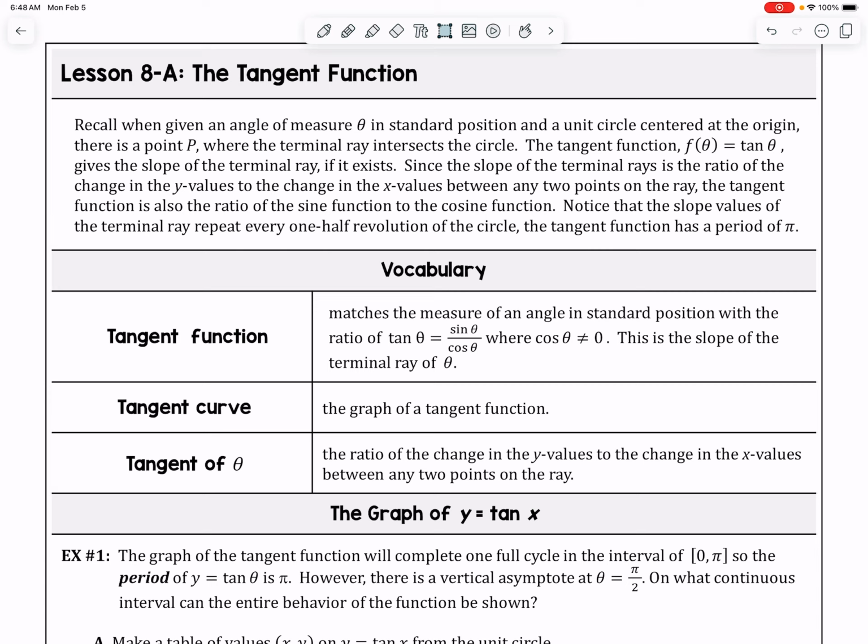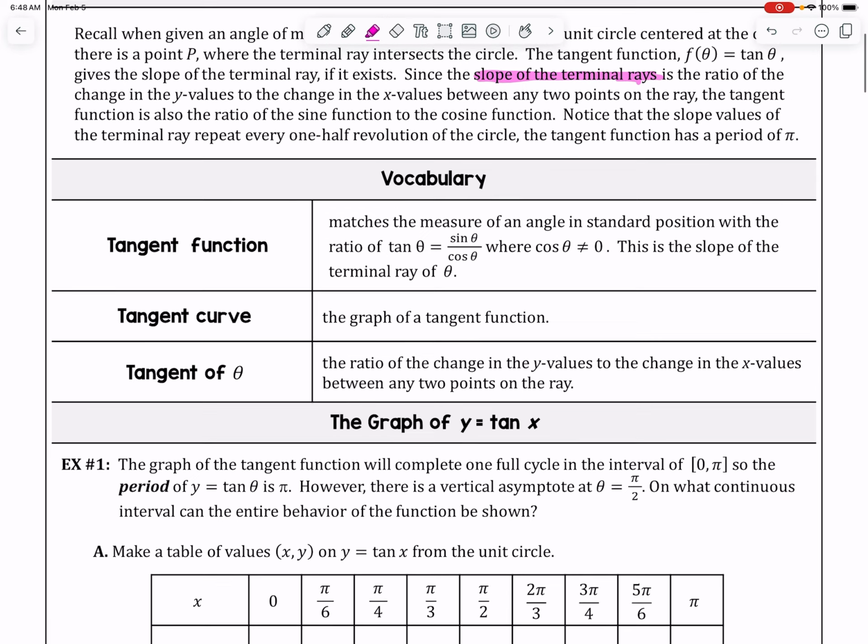Remember that we determined that the tangent is the slope of the terminal ray. Remember the terminal ray is the one that swings around to make the theta, the angle. And it is the ratio of the change in y over the change in x. So it is y over x, or you could also say sine over cosine.